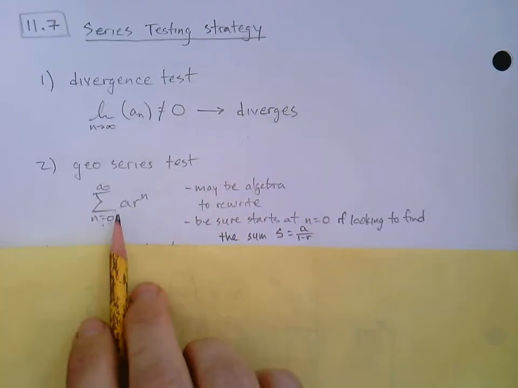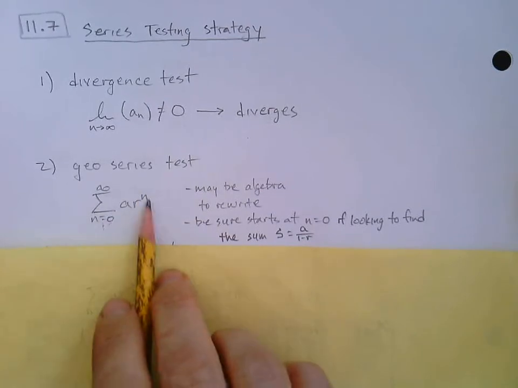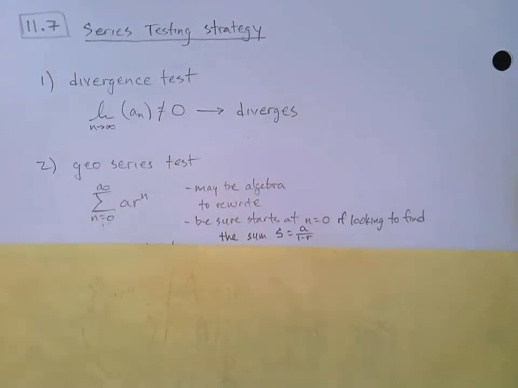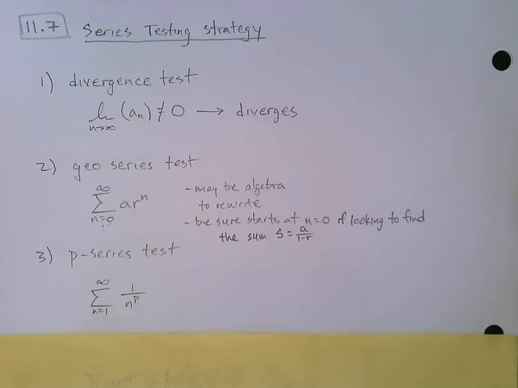Okay, so that's going to be pretty clear if it fits this form or not. Another one that should just jump off the page is the P-series test. So I'll list that as number 3. If you see something in the form 1 over n to the p, well, I know I've got a P-series, and that's just as fast as the geo series, kind of the opposite in its conclusion.